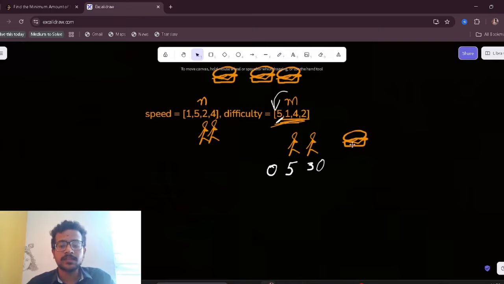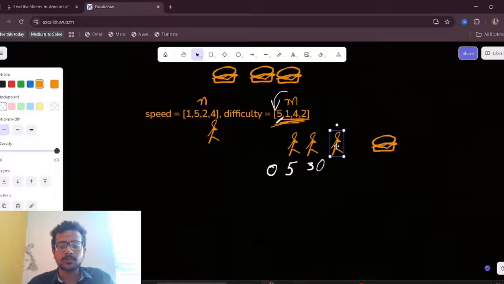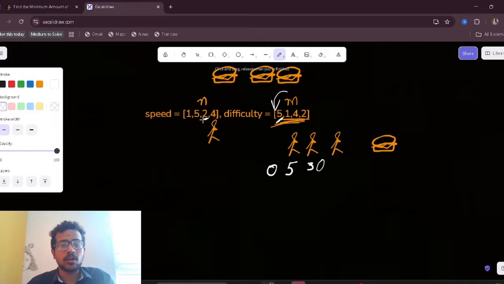Now this burger is passed over to chef 2. Chef 2 has a speed of 2, so 5 into 2 would be 10. If I add 10 more minutes, it becomes 40.